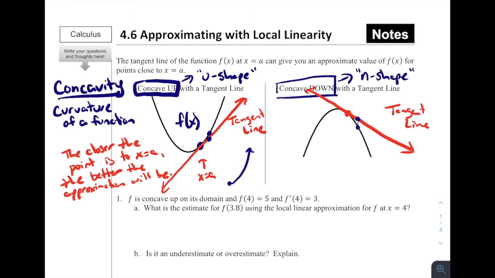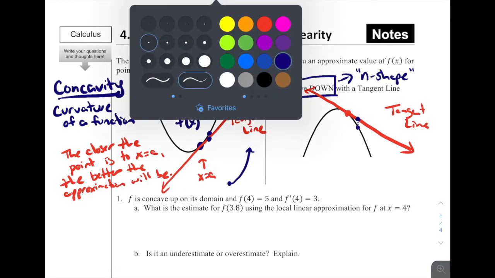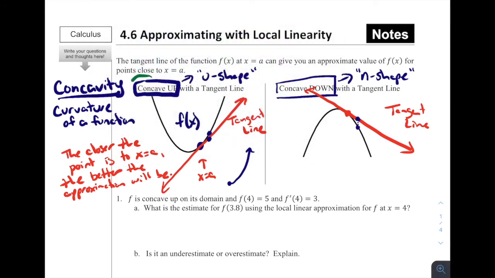In general, we should know that if a function is concave up, it is going to provide an underestimate. And why is that the case? Well, notice that for this tangent line, any point that I pick on this tangent line is going to be below this concave up function, right?